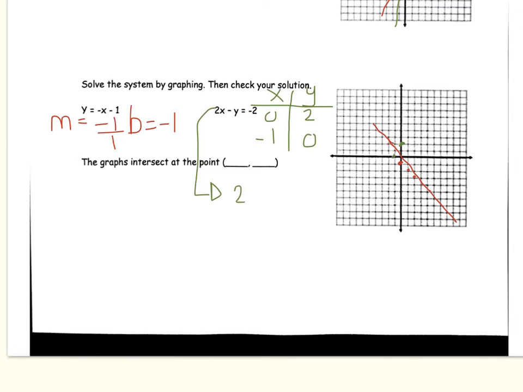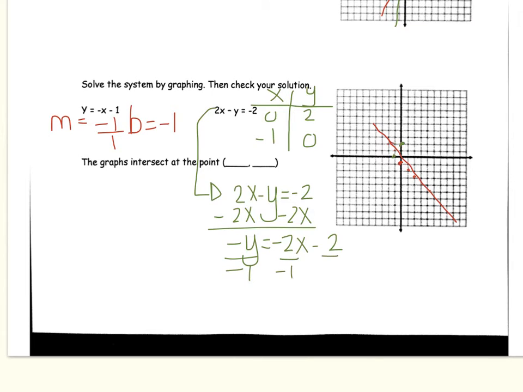Okay? Or I can take the equation and I can solve it for y. So I'm just going to rewrite it. I'm going to subtract 2x. I have negative y equals negative 2x minus 2. Then I'm going to divide by negative 1 because your y needs to be positive.